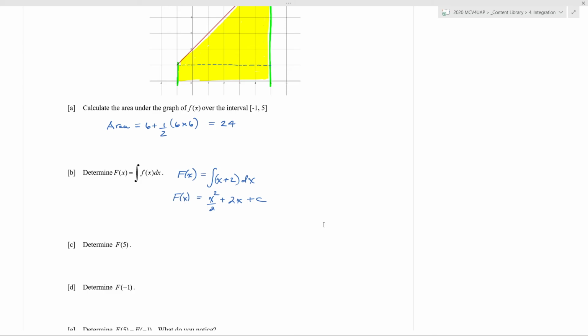Now, F at 5. So I'm evaluating my integral at the endpoint 5. That's equal to 5 squared over 2 plus 2 times 5 plus a constant. What does that give us? 22.5 plus a constant.